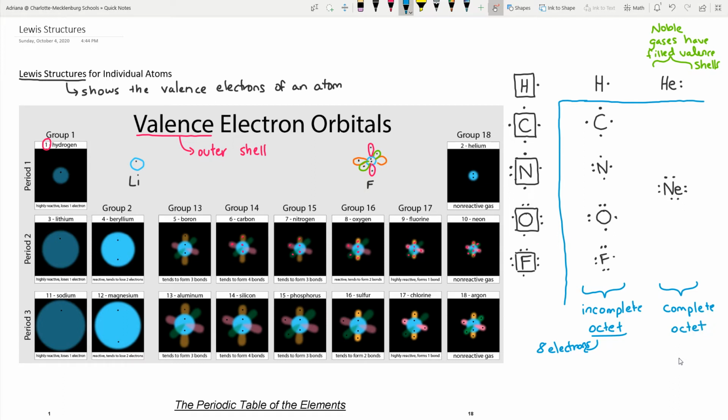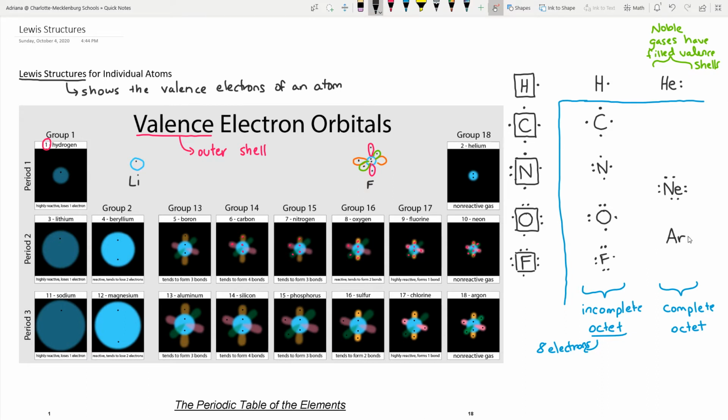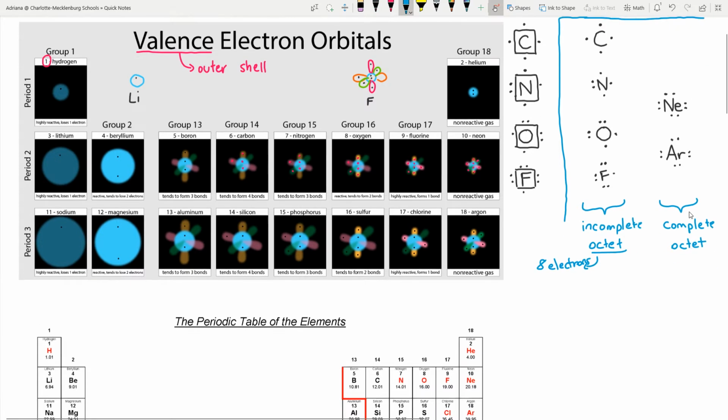A noble gas configuration is one where an element has achieved a complete octet, like the noble gases, right? Except for helium, because helium only has that one energy level. But if we were going to draw any of the noble gases, let's do argon. Let me do it in black. If we were going to do any of the noble gases, they all have a complete octet. And so the octet rule states, let me write it, let me scroll down a little bit.